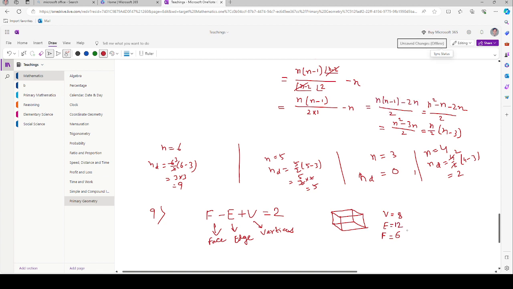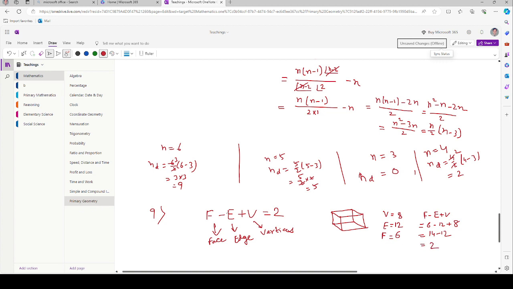So if we put the values in F minus E plus V, then we will get 6 minus 12 plus 8, that is 14 minus 12 equals 2.